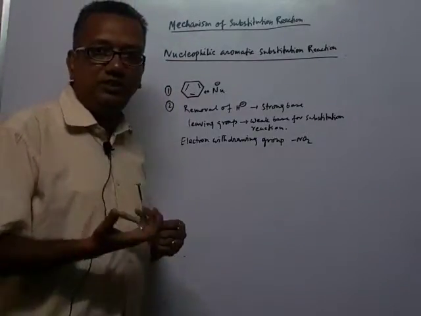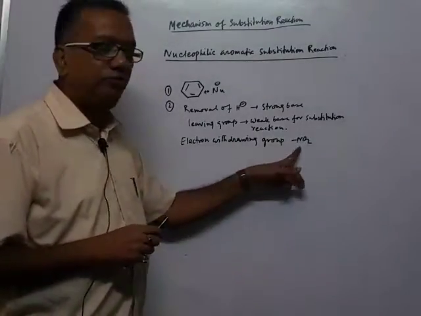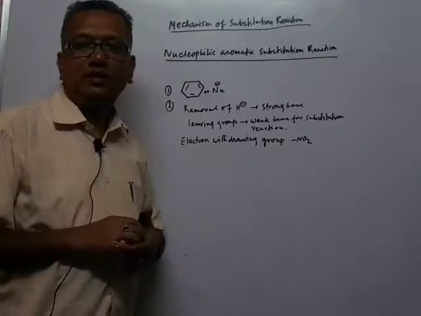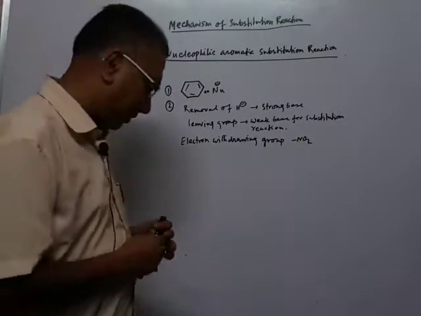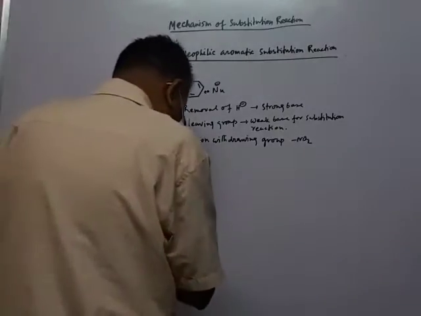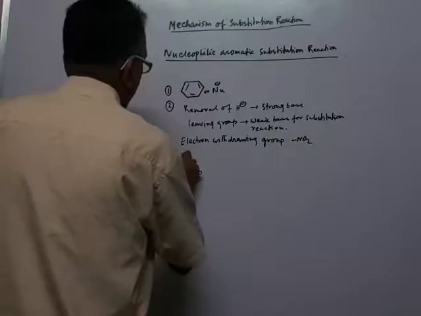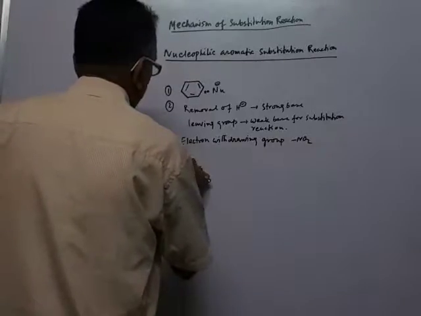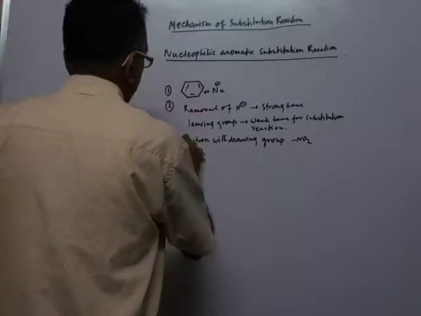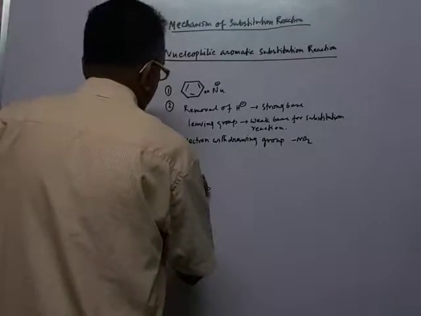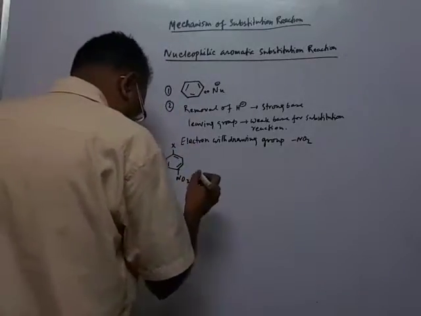in that case the electron density in the ring is reduced due to the electron withdrawing effect of this nitro group. In that case, the nucleophile can attack the benzene ring. For example, if we add a nitro group in the para and ortho position, the nucleophile can attack at this center.